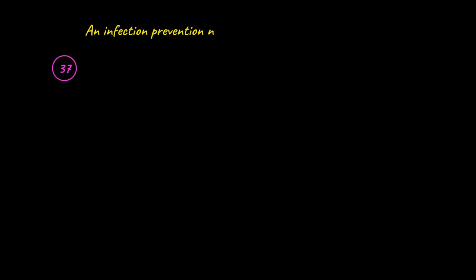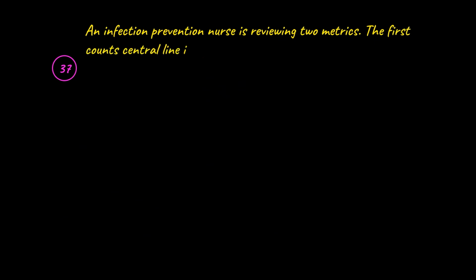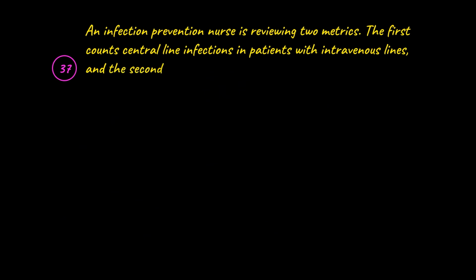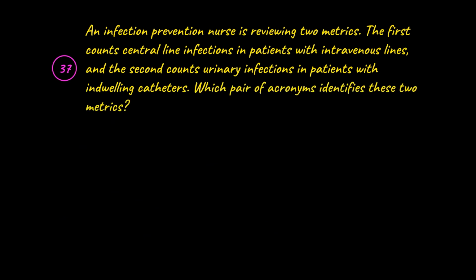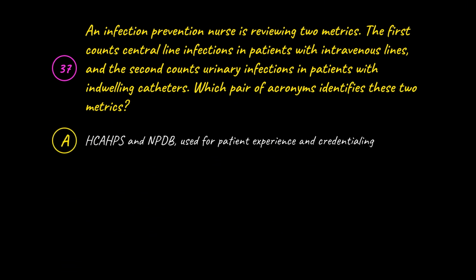Question 37. An infection prevention nurse is reviewing 2 metrics. The first counts central line infections in patients with intravenous lines, and the second counts urinary infections in patients with indwelling catheters. Which pair of acronyms identifies these 2 metrics? Your options are A. HCAHPS and NPDB, used for patient experience and credentialing.